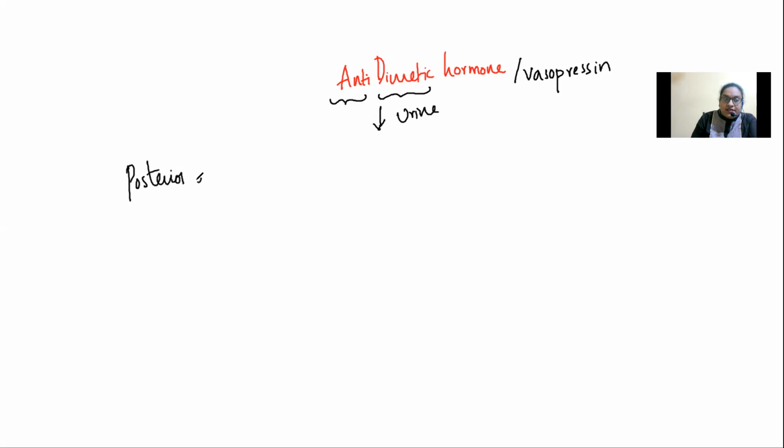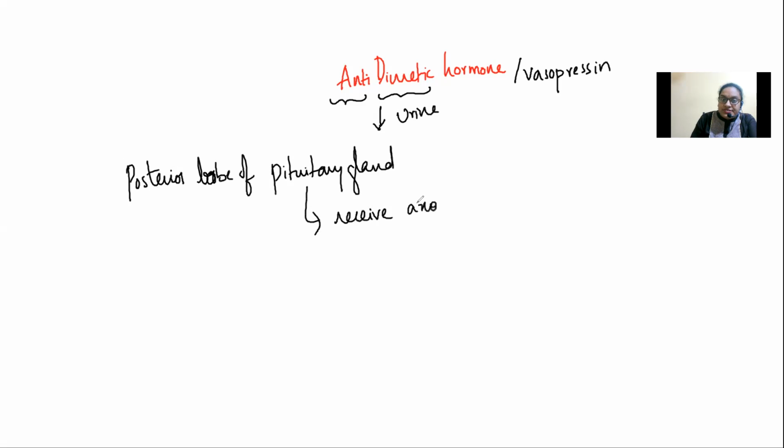As we have already learned, the posterior lobe of your pituitary gland receives axons from the hypothalamus. And we have seen that there is a special area in the hypothalamus called the paraventricular nucleus, which had two types of neurons.